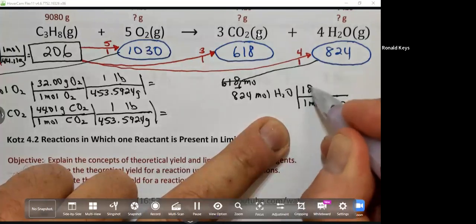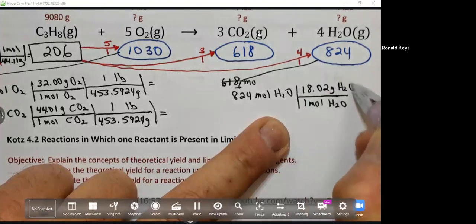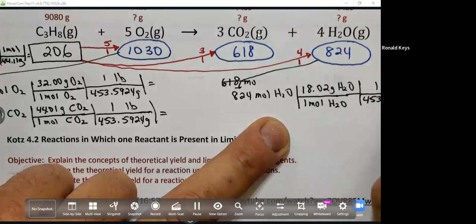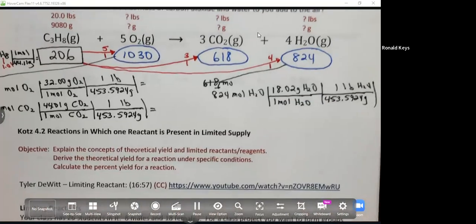Water is 18.02 grams. Now let's grab our calculators, push those through.